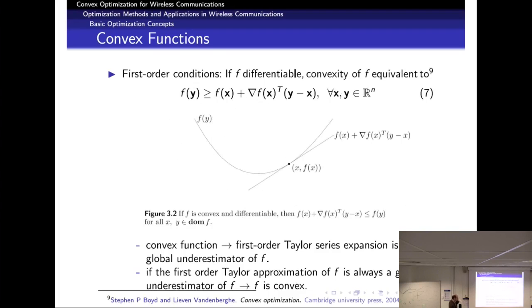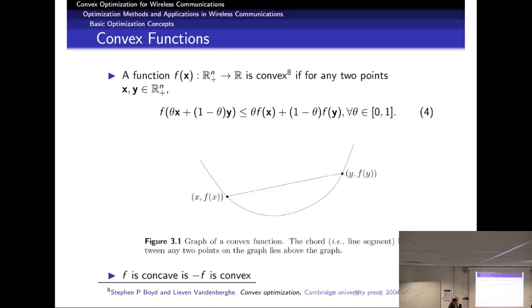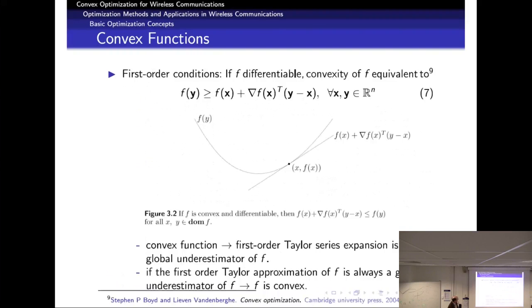So how can we show that a function is convex? Well, the first one is by applying this property. The second property of convex functions, if your function is differentiable, is to say that being convex is equivalent to saying my function at any point y will always be larger than the first order Taylor expansion at any point x.